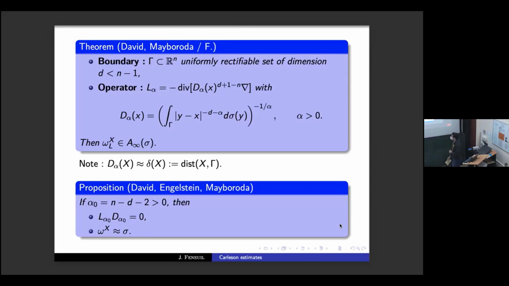So, okay, it's good. Now we want the reverse. So the reverse is much harder, and actually it's false.